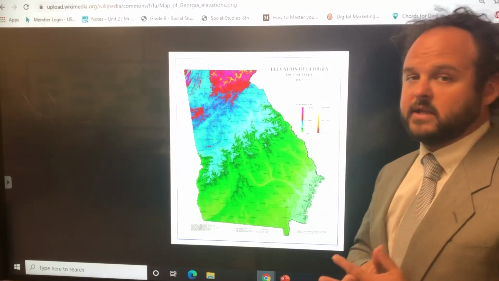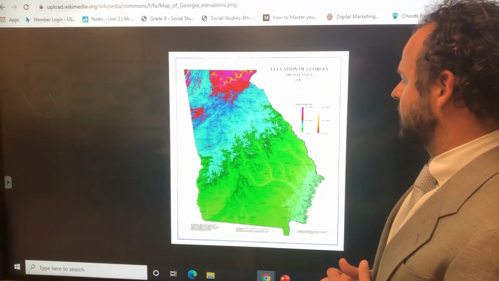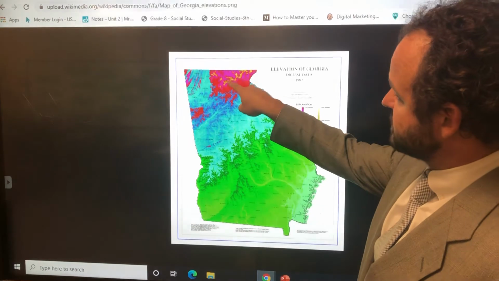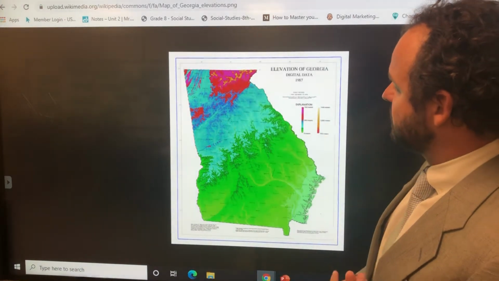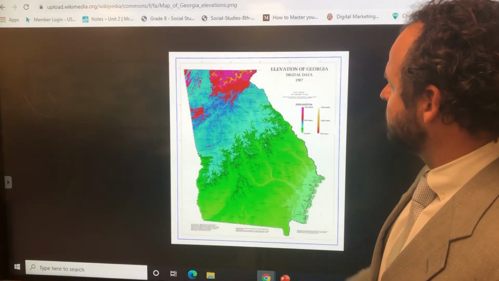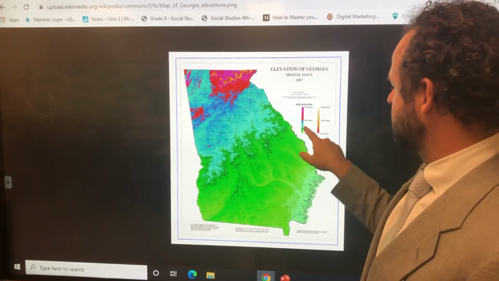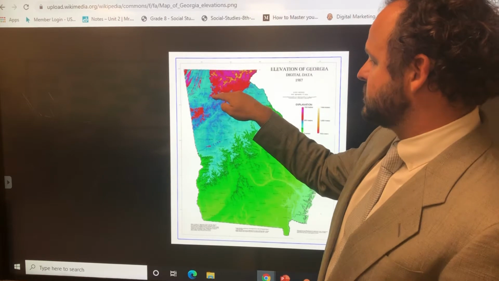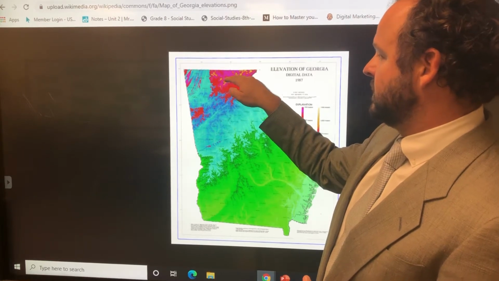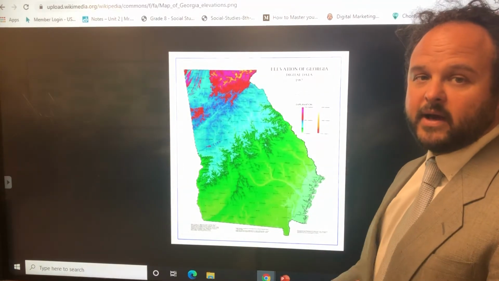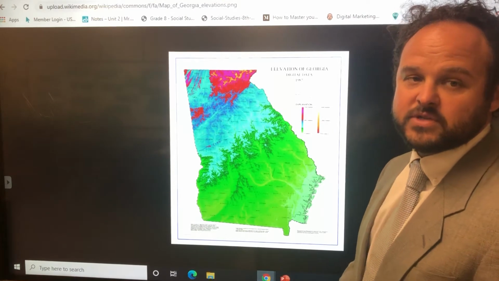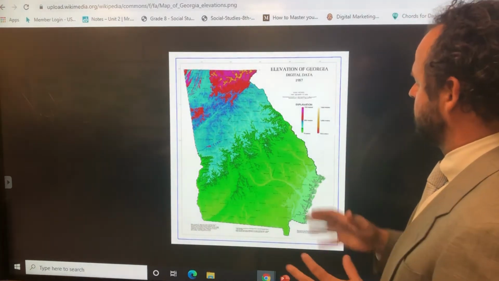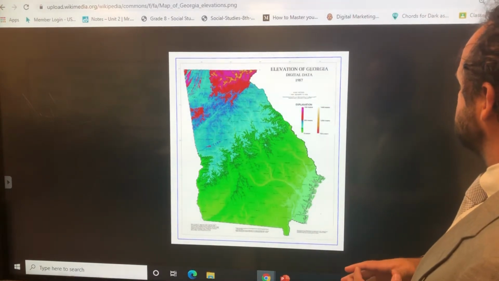When you turn white, you're thousands of feet above sea level, which is, as you can see, in this region. So the Piedmont is blue, and it's a little bit higher up, and then it gets dark blue, then there's red, purple, and white, and you're about as high as you get in the state of Georgia, and of course you're in the Appalachian Mountains by that point. So those are some key features there.